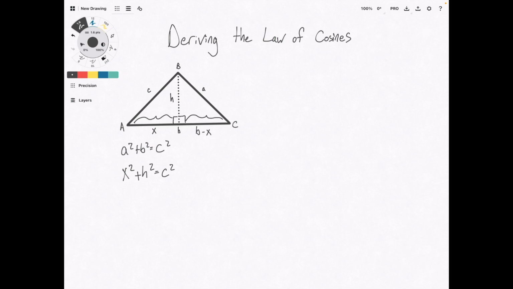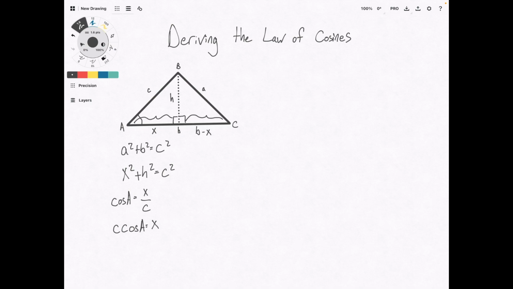All right. Both of these values we actually made up, so our goal is to basically get rid of those over time. We can start by trying to find the cosine of angle A. Cosine of angle A is equal to adjacent over hypotenuse. We'll multiply this across, and we get c cosine A equals x.